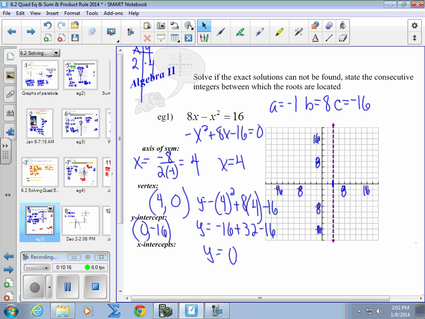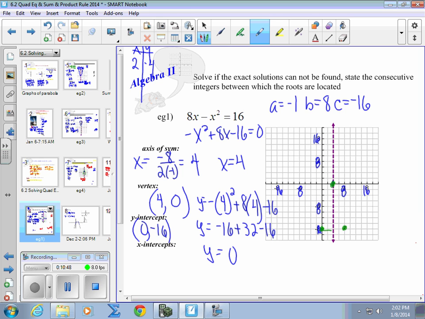We're going to move it around so we can fit this on our graph. It's okay, that's not the best, but it's okay. Alright, so once again we want to put our vertex at 4 and 0, and we know it faces down, and we have 0 and negative 16. The distance from here to here is the same, so we're going to put another point over here.